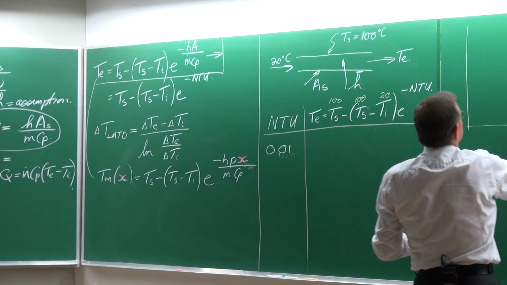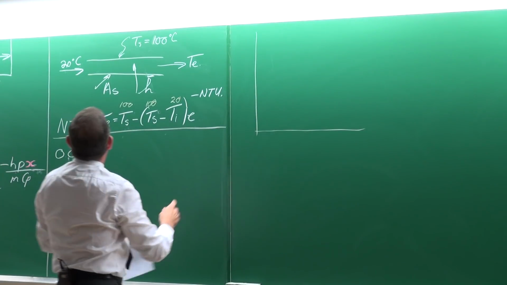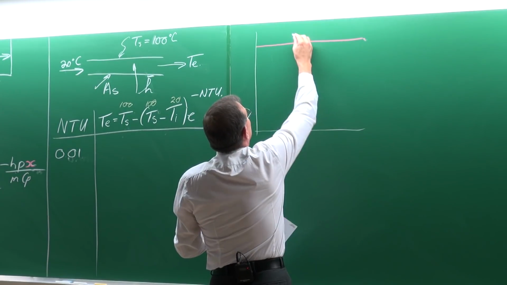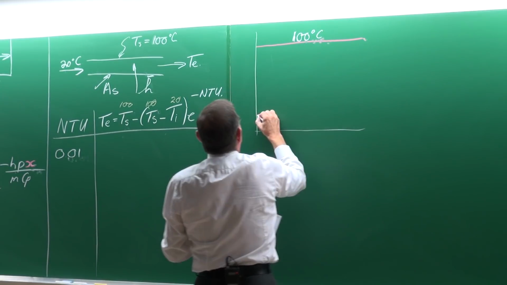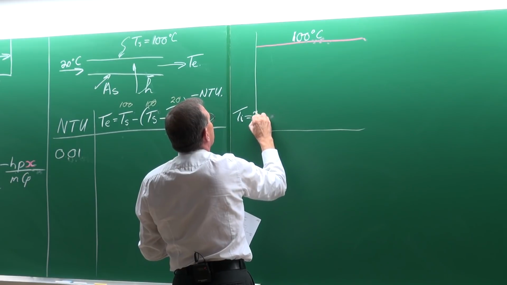Now, if we look at this heat exchanger, you've got a surface temperature there of 100. Here, the temperature at the inlet is 20.